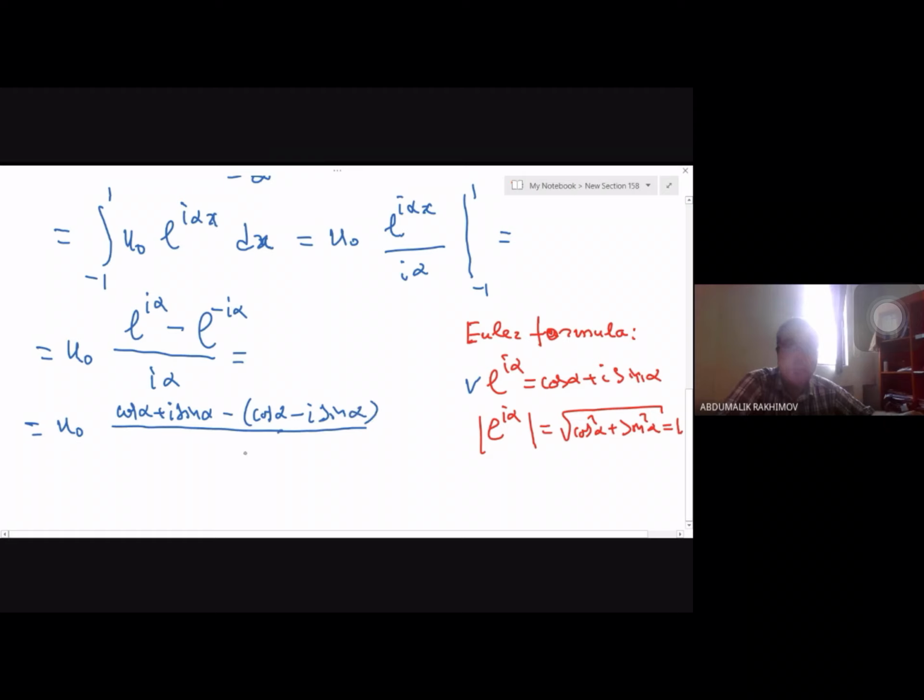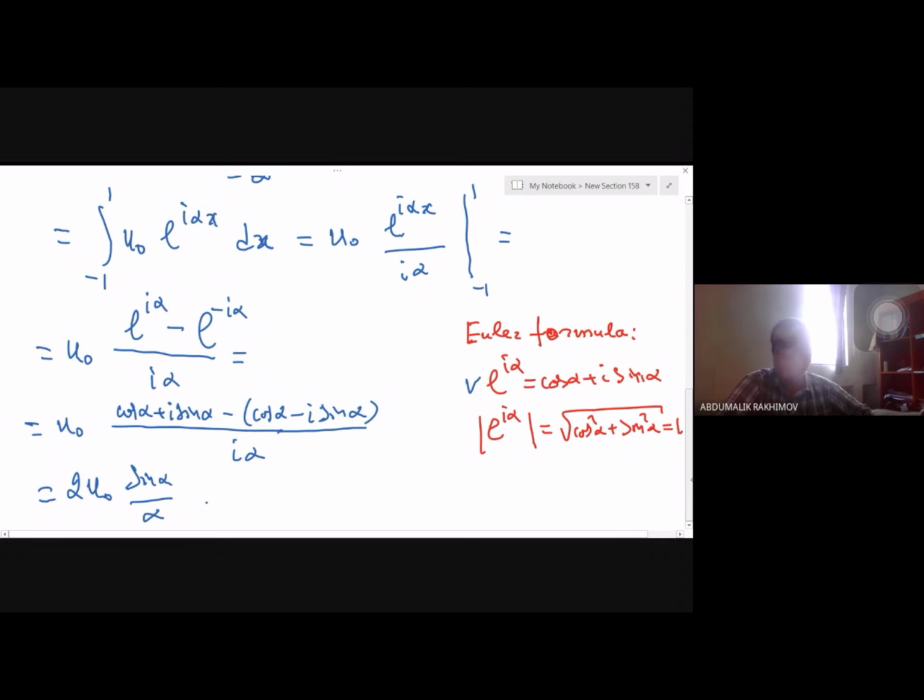And then, what will the result be? It will be 2u0 sine alpha over alpha. That's all. So this is the image of this function.